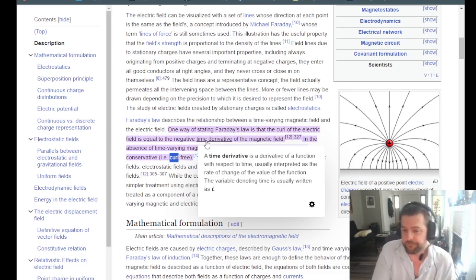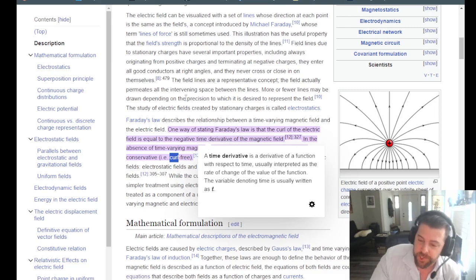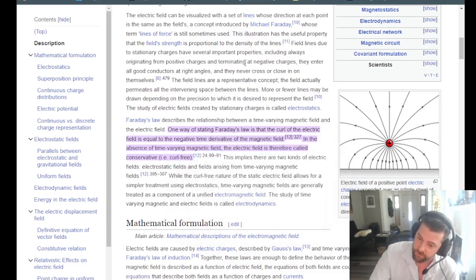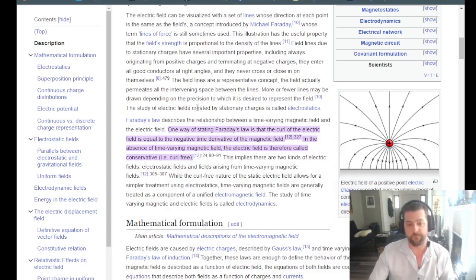And you might be like, well, what is curl? We're going to get to that. All you need to know on this particular slide is that an electric field does not have any curl, and it is hence, by nature, conservative. Okay?